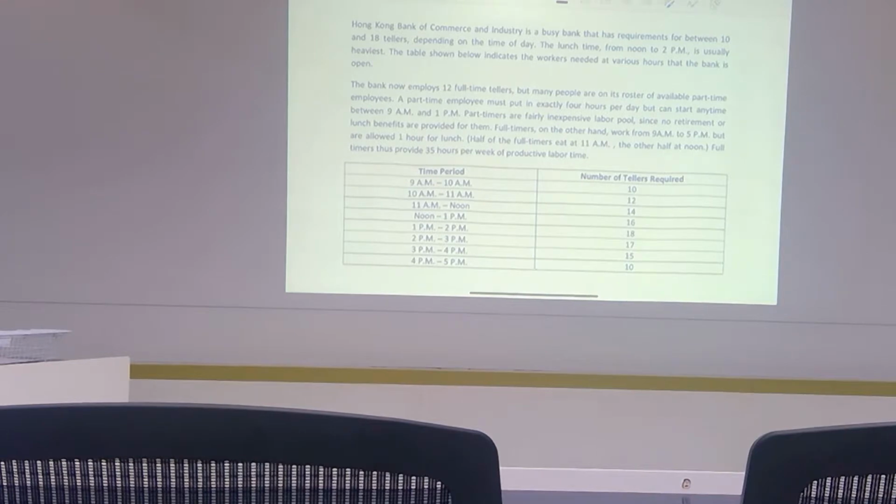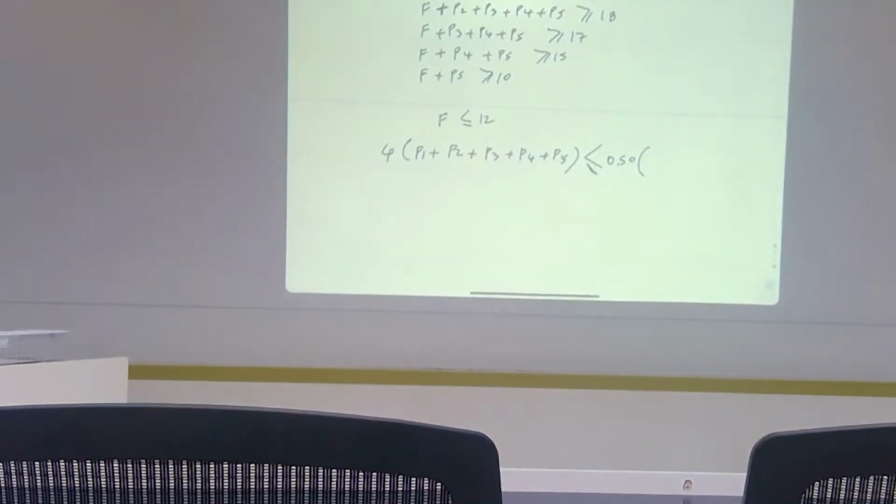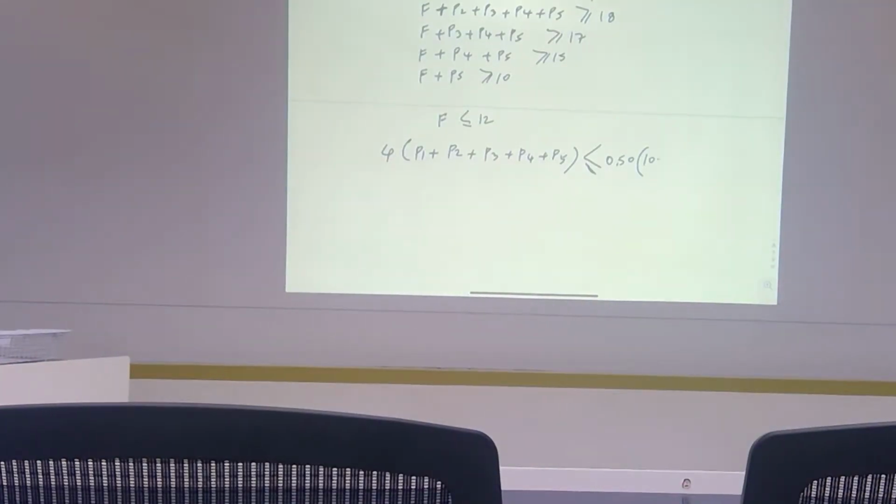So in this case, you're going to have 10 plus 12 plus 14 plus 16 plus 18 plus 17 plus 15 plus 10. And all this needs to be together equal to 0.